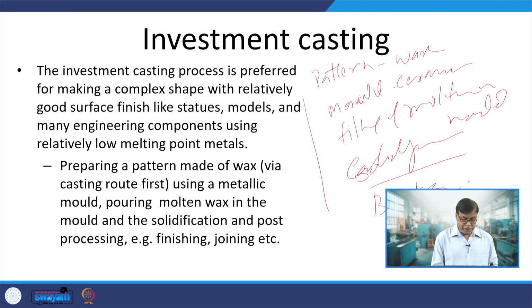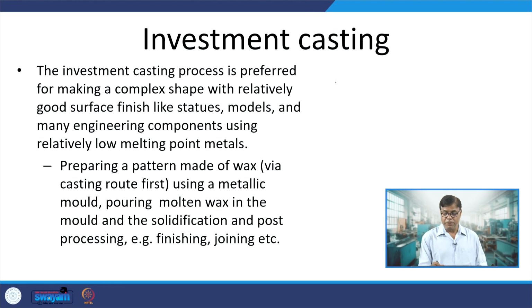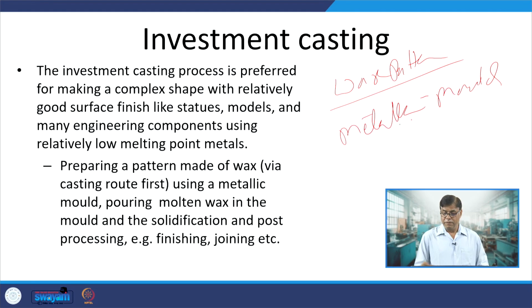But making the pattern is a little complicated because we use a wax pattern here. First of all, we have to prepare a metallic mold, and in the metallic mold the molten wax is filled so that the wax pattern is obtained.